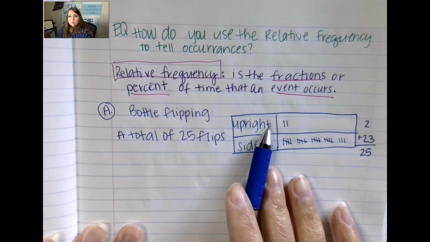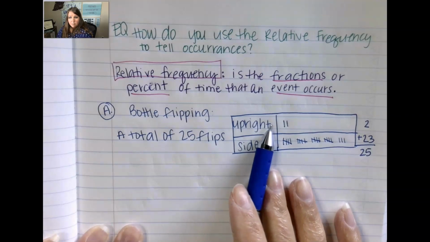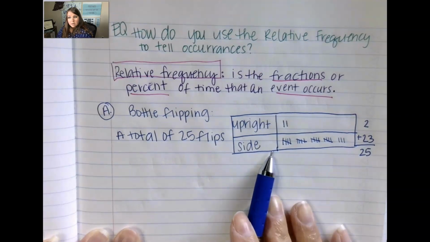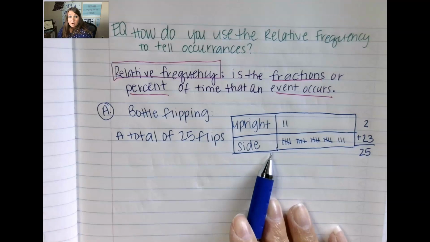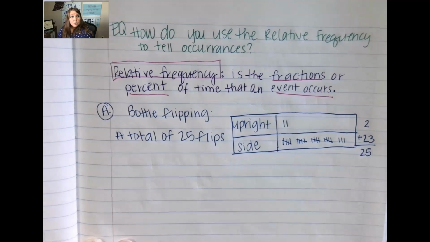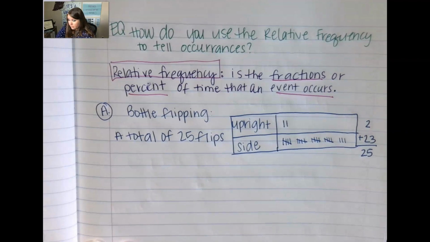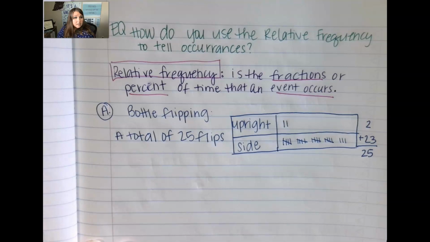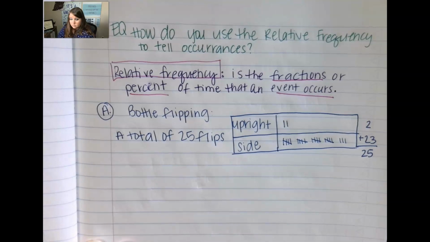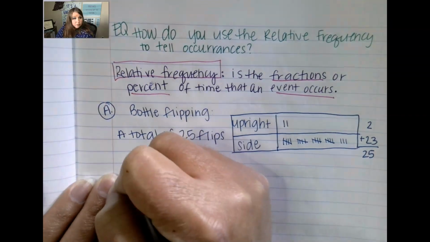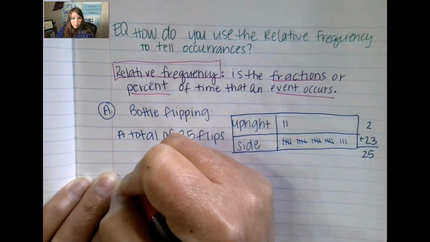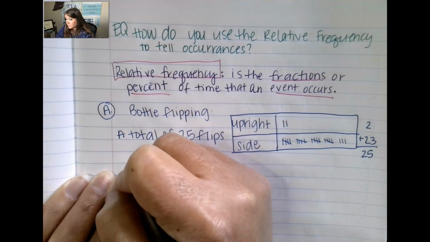So 2 out of the 25 was upright. 23 out of 25 was on its side. So we're going to talk about the relative frequency. They want to know how often does it flip on its upright? So how often is it upright?